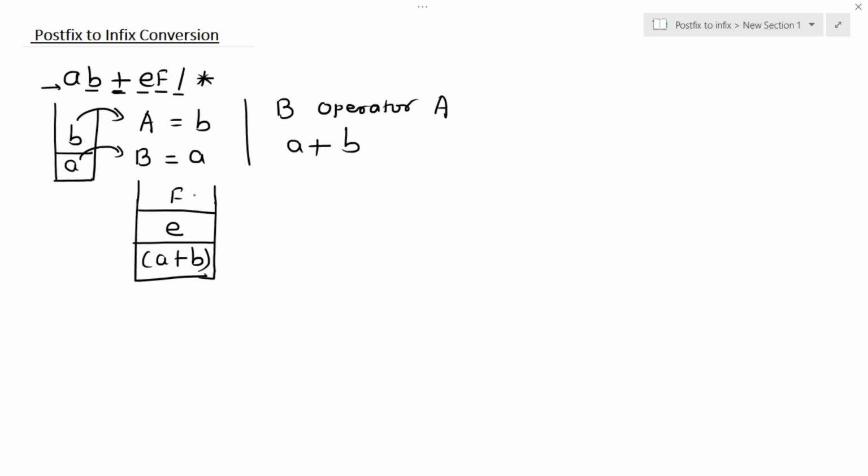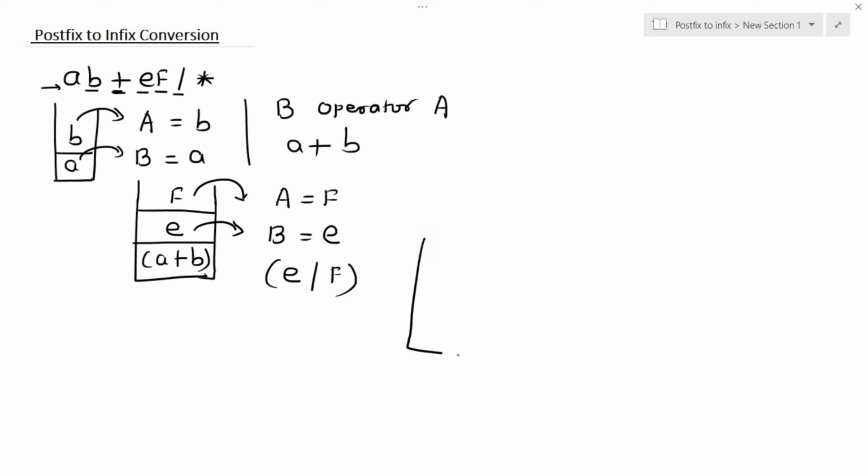The top of the stack is F. We store this F into variable A, and then there is E. We store this E into variable B. As per the rule, B operator A, the value of B is E, the operator is division, and A is F. So the new expression is E divided by F.